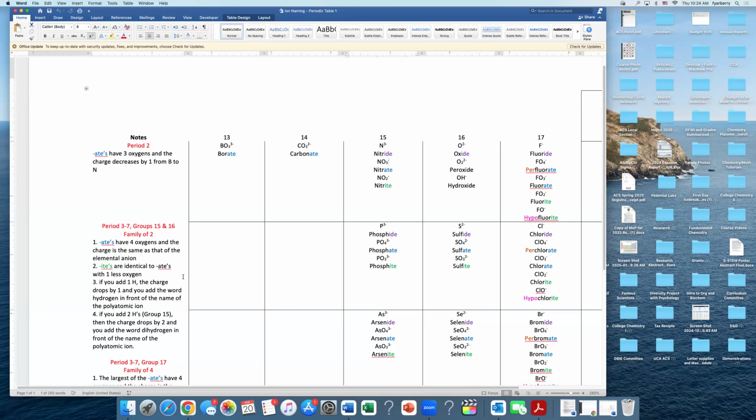Now, when you move to period 3 through 7, things become even more interesting as far as some similarities that you can draw upon.